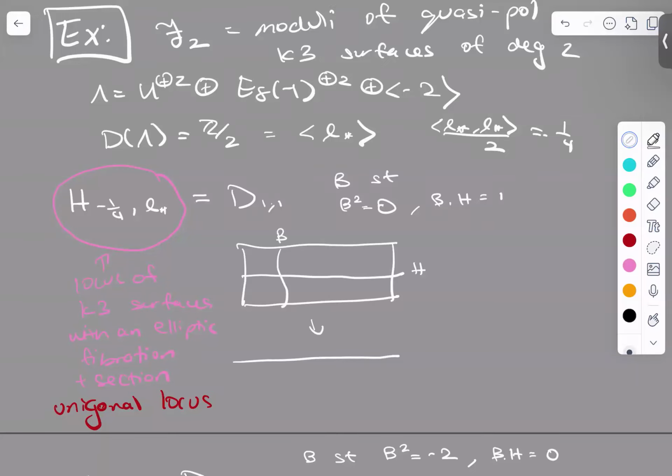I think the K3 surface can be realized in more than one way. You're right, any degree 2 K3 surface, any point inside of this moduli space F2, can be realized as a double cover of a plane ramified along a sextic curve. But I don't have an immediate interpretation of these loci that I've listed here in terms of that double cover. Thank you.